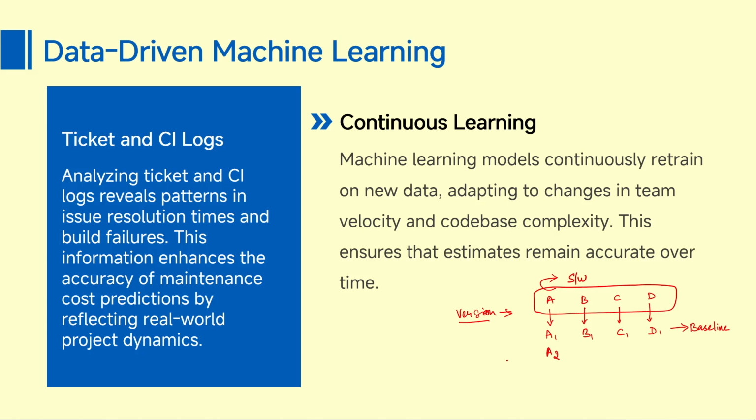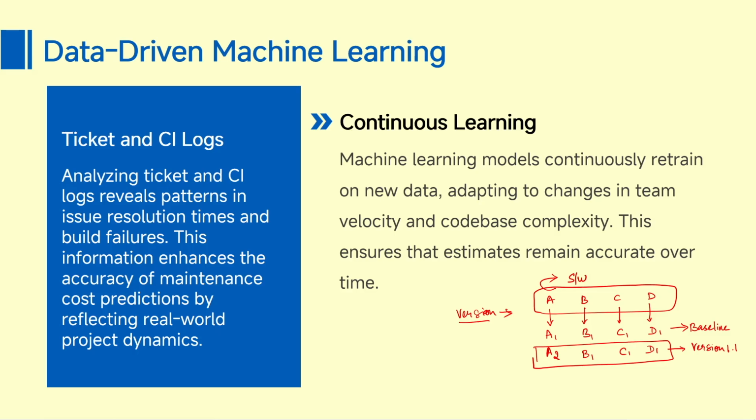So now version 2 will be A2, B1, C1 and D1. Together this is the working model now, the second version. Sometimes I can call this 1.1 if it is a very simple version. You move from one number to another only if it is a major version.